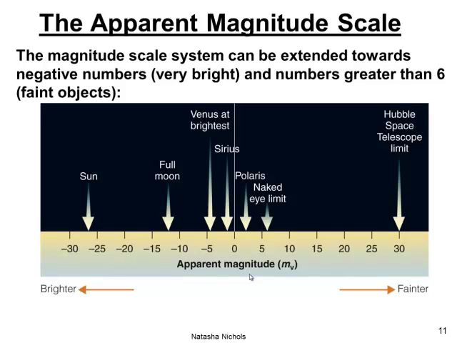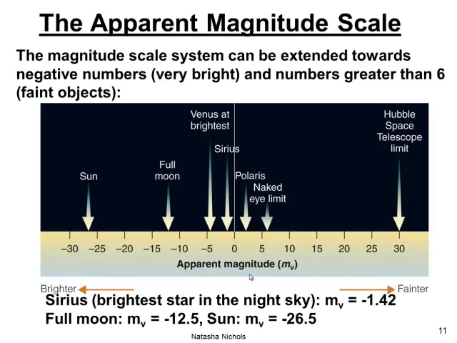So the larger the number of magnitude, the fainter the object. These numbers are known as apparent visual magnitudes, or little m sub v, and they describe how bright the stars appear to look to people observing from the Earth. And here is some common apparent brightness.